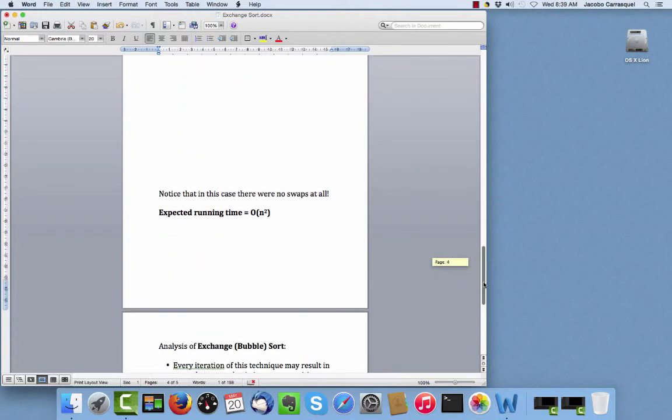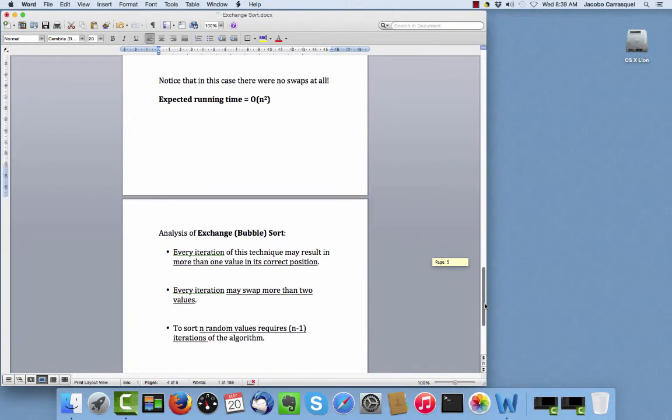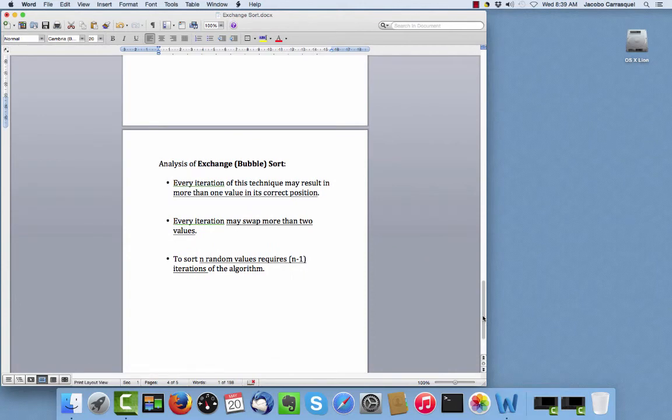So let's do now some basic analysis of the exchange or bubble sort. Every iteration of this technique may result in more than one value in its correct position. It's guaranteed that at least one value will end up in the correct position, but as you saw, more than one may end up in the correct position.